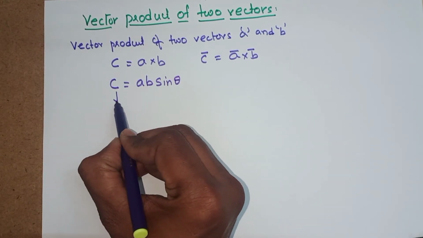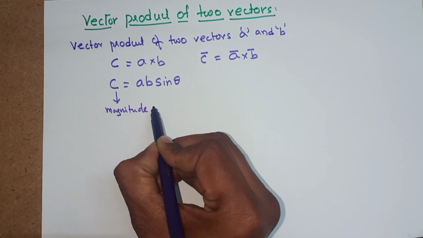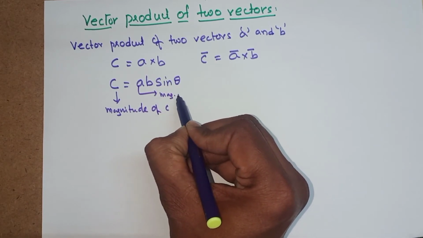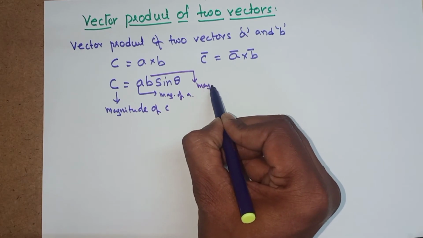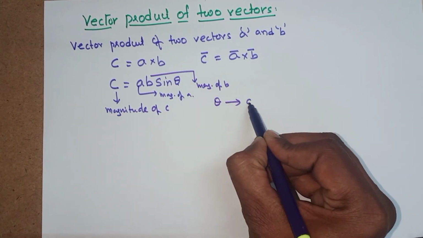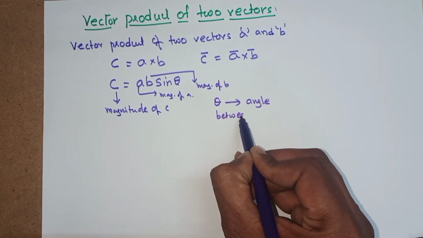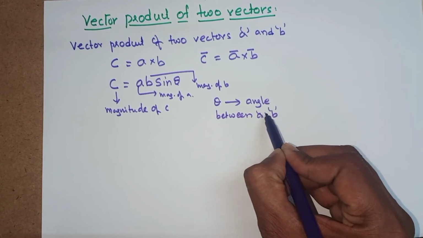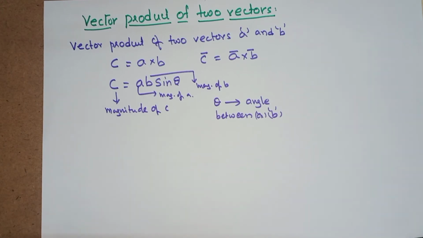Here C is the magnitude of C, A is the magnitude of A, B is also the magnitude of B, and theta is the angle between A and B.